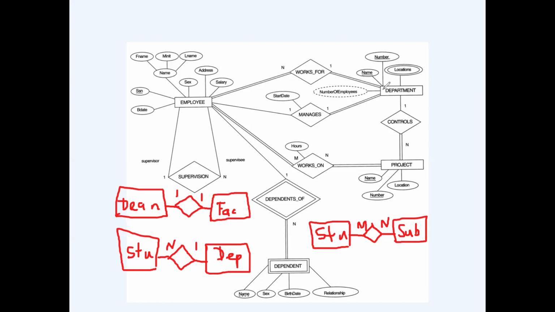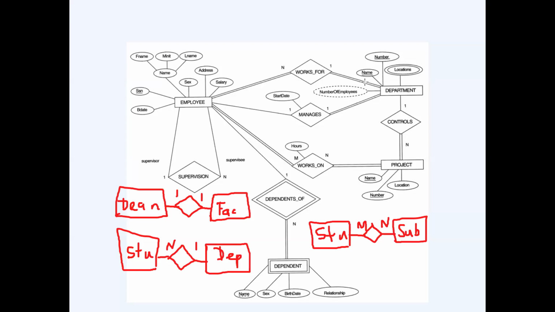Similarly, the double line on this side indicates that the department should have employees. There should not be any department without employees. So the double line indicates that.